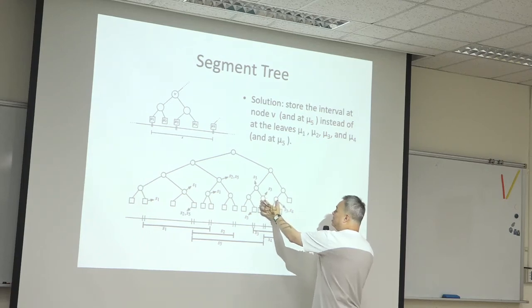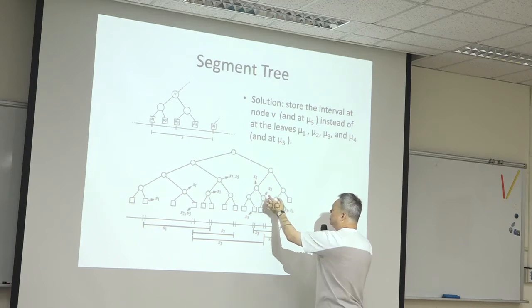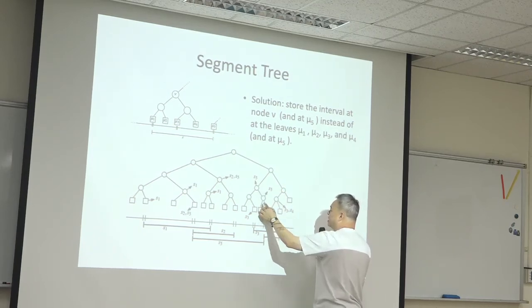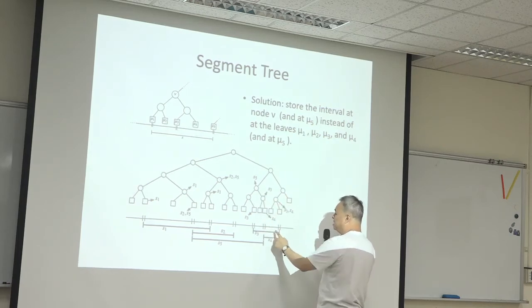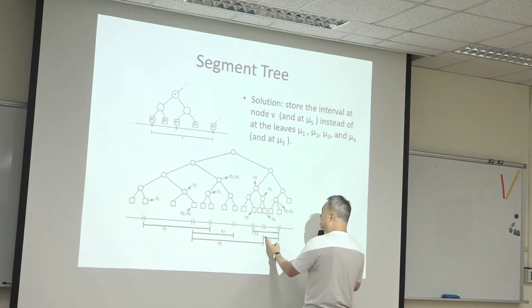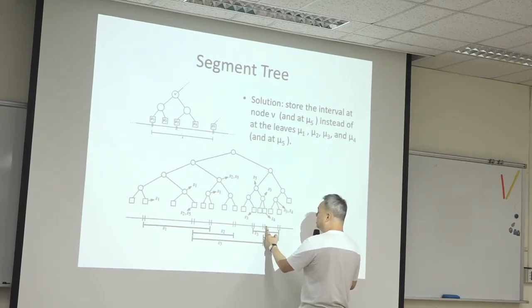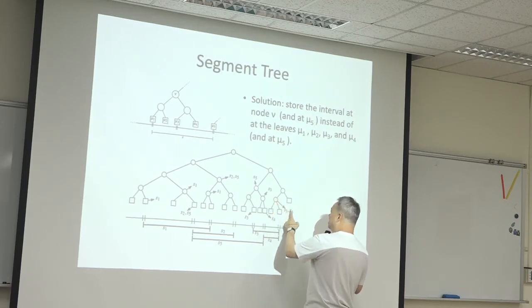But these two nodes do not have common ancestors, so we cannot push further. So we store S3 here and S3 here. For S4, where is S4? S4 is here, so we store S4 here. And this S4, this S4 is stored here too.